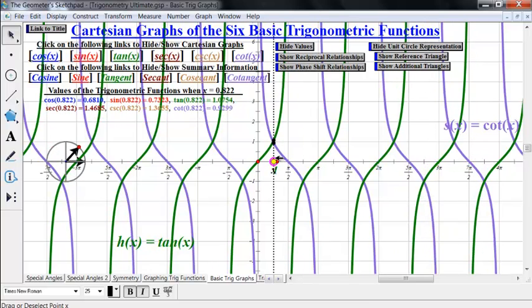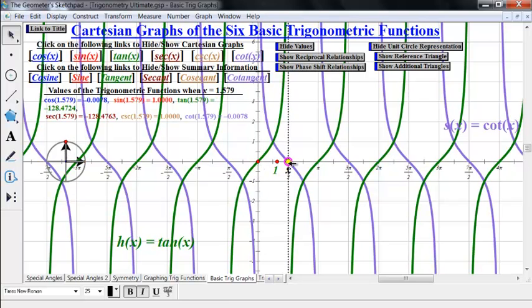And of course those basically happen at the odd multiples of pi over 4. So anyway, when you get 1 or -1, its reciprocal is the same. And notice, of course, when tangent is 0, cotangent is undefined, and when cotangent is 0, tangent is undefined.